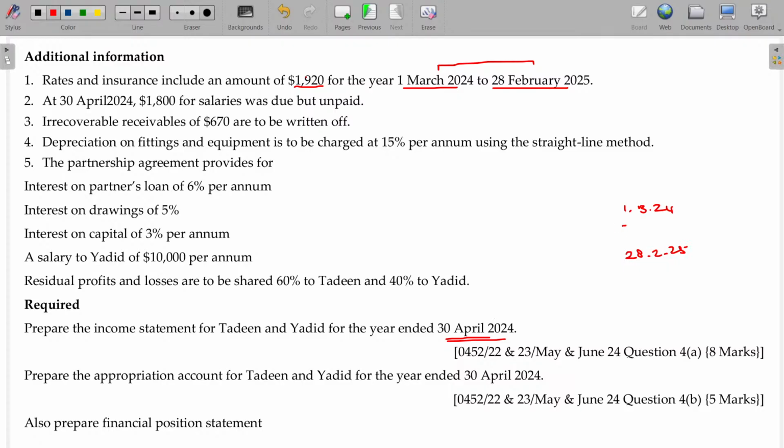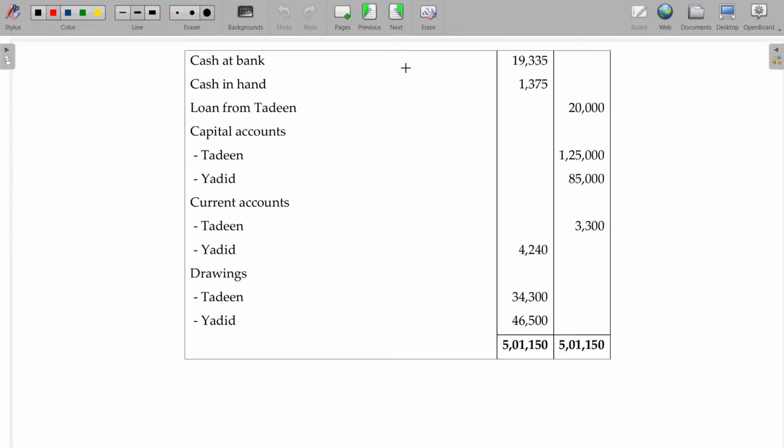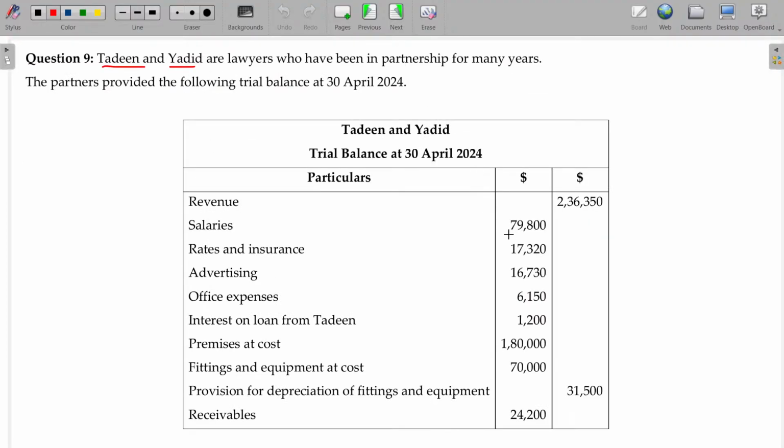But our year ends on 30 April 24. So this is for 12 months, but the amount matching for the current period is only 2 months, March and April, and the rest is not matching. Out of 1,920, 10 months value out of 12 months not matching, this value being 1,600. It is nothing but advance amount, should be subtracted from here and also be an asset, as the amount paid in advance is an asset.